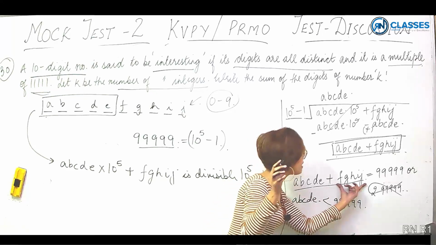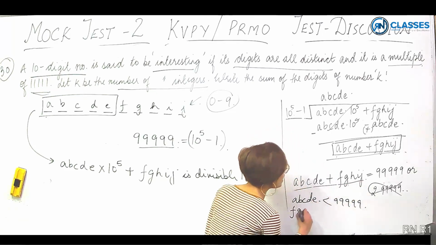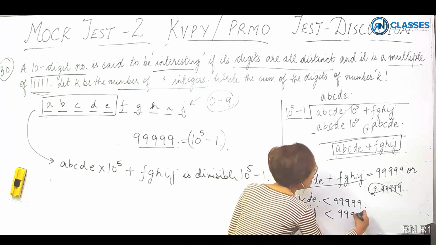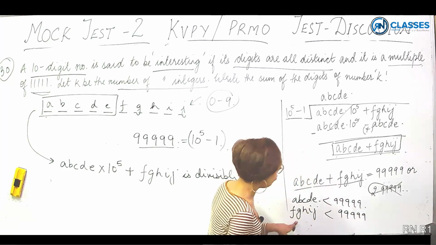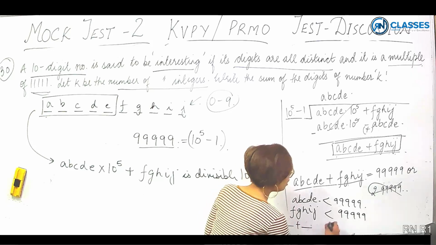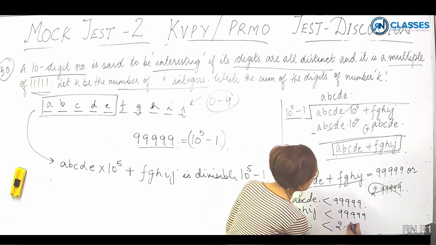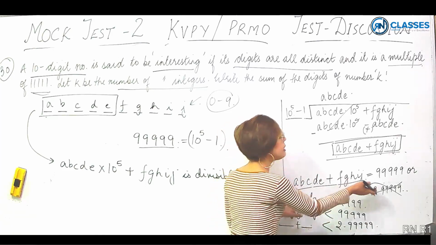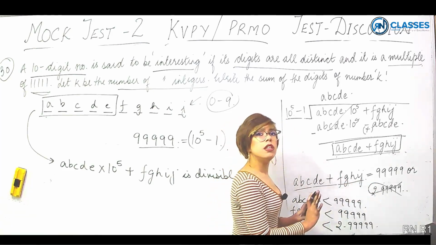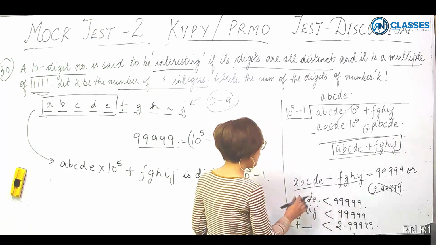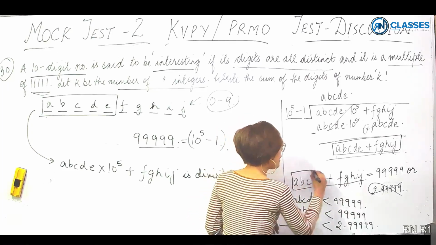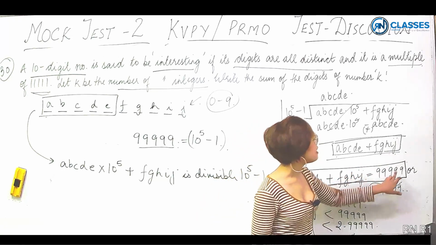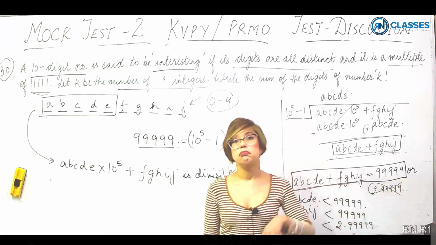Also, all the digits are distinct, so F, G, H, I, J is definitely less than 99,999. If I add these two, it will be less than 2 into 99,999. So the only possible case is that if I add these two, the sum must be equal to 99,999.